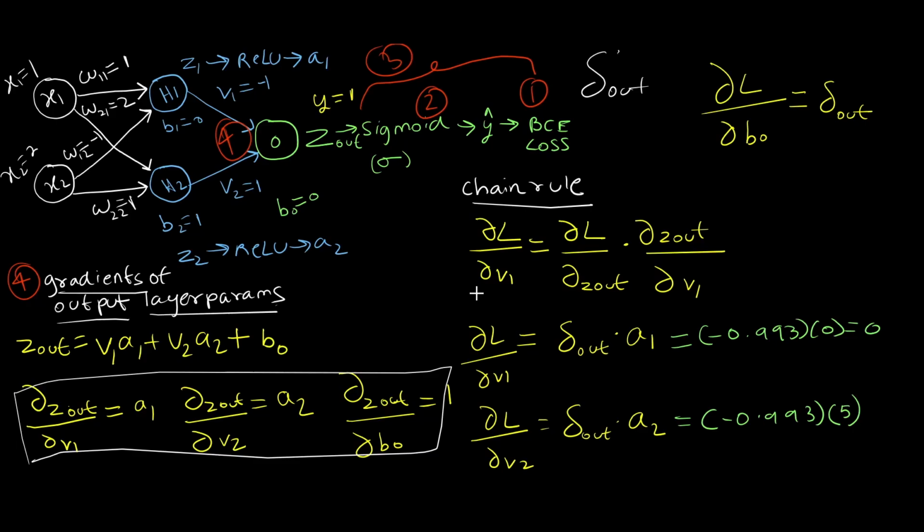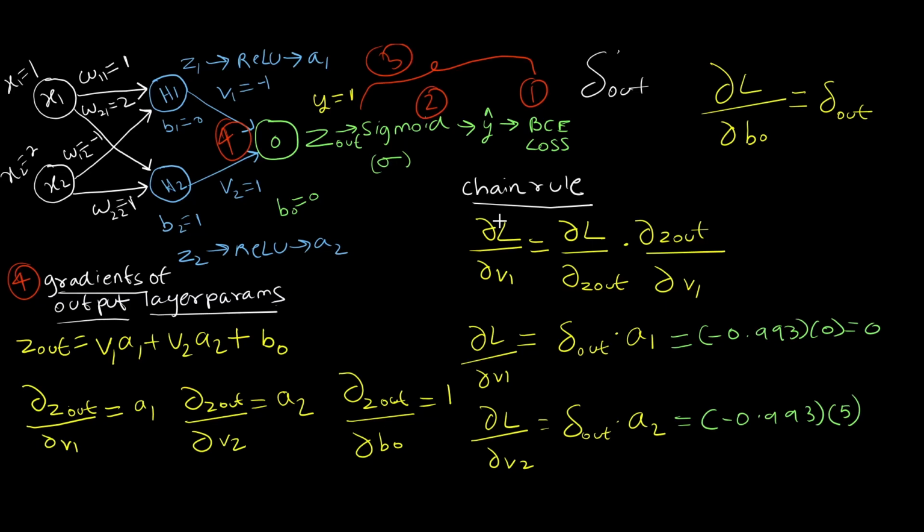Now that we have these, we need to calculate the gradient of the loss function with respect to these. How do we do that? First we're going to find the gradient of the loss function with respect to v1 alone. If you recall the chain rule, we can represent this as the multiplication of the gradient of the loss function with respect to z out and the gradient of z out with respect to v1.